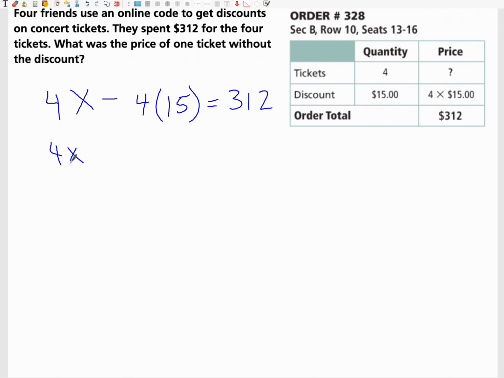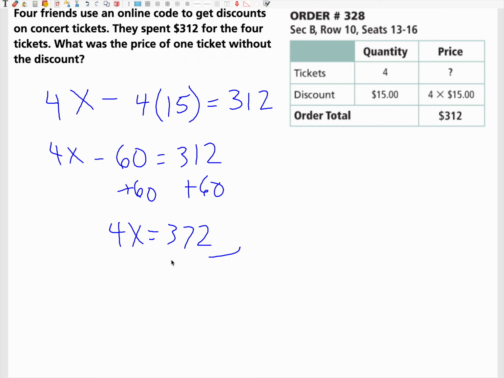So 4x minus the $60 discount equals $312. Oops, what was I doing? Add 60. 372 divided by 4 would be 93.